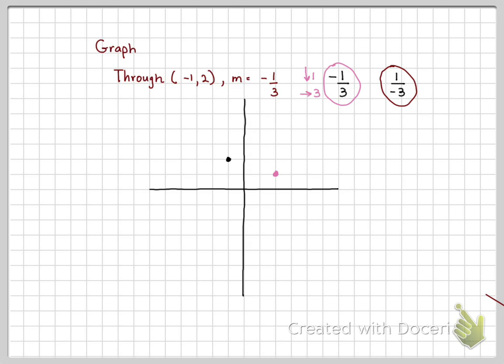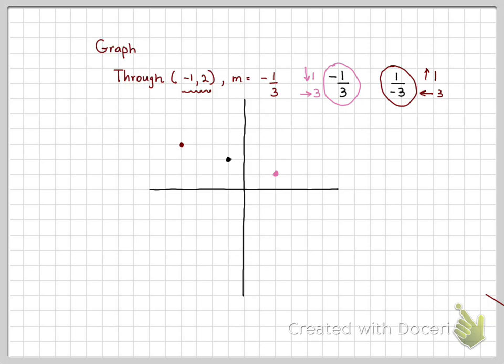If the 3 is negative, that means the 1 is positive. So we'll go up 1 and left 3. Instead of down 1, right 3, we're going up 1 and left 3 from our original point. So we'll go up 1, left 3, and there is that coordinate right there.